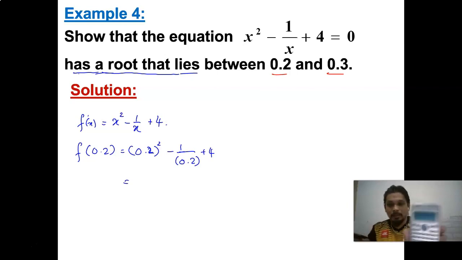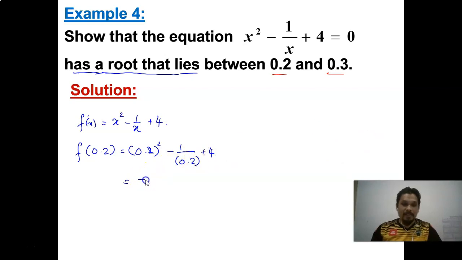Press equal. It gives us negative 0.96, and this is negative, which is less than 0.